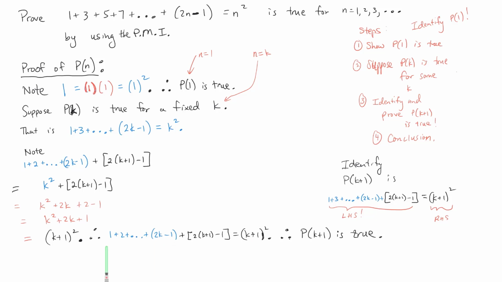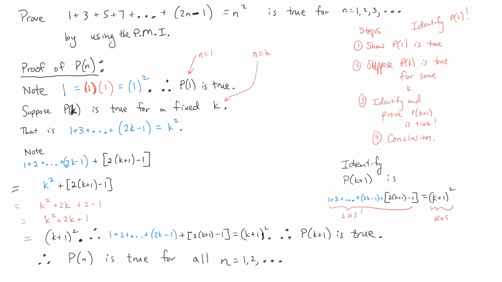Final thing, we're actually at step 4 now. Step 4, we're going to write a conclusion. The conclusion is really short. It's in one sentence. Therefore, P of n is true for all n equals 1, 2, dot dot dot.